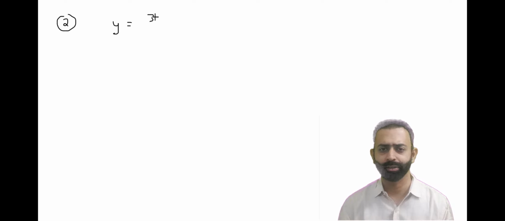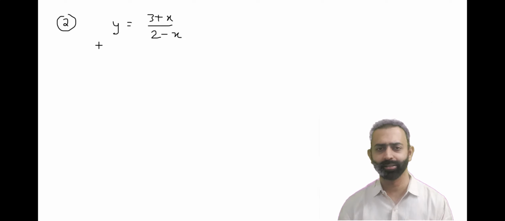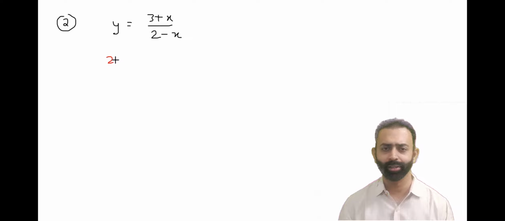Okay, let us take another example. Find the inverse for y is equal to, let us say, (3 plus x) over (2 minus x). So what we do is we do not interchange x and y initially. We first make x the subject. So we cross multiply, so 2y minus xy is equal to 3 plus x.